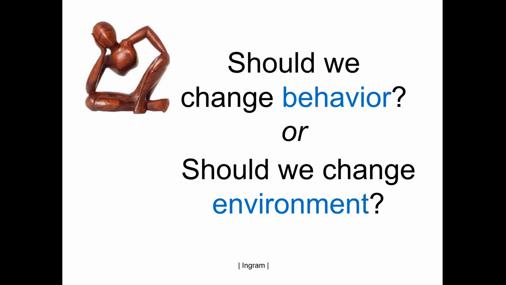So, this all begs the question, should we place our efforts in public health on changing behavior, or should we focus on changing environment? As a behavioral scientist by training, I think, of course, that we should encourage people to stop smoking, wear seatbelts, and eat healthier foods. But what about the 50-year-old smoker who has been smoking cigarettes since the age of 15 and has a spouse who also smokes?